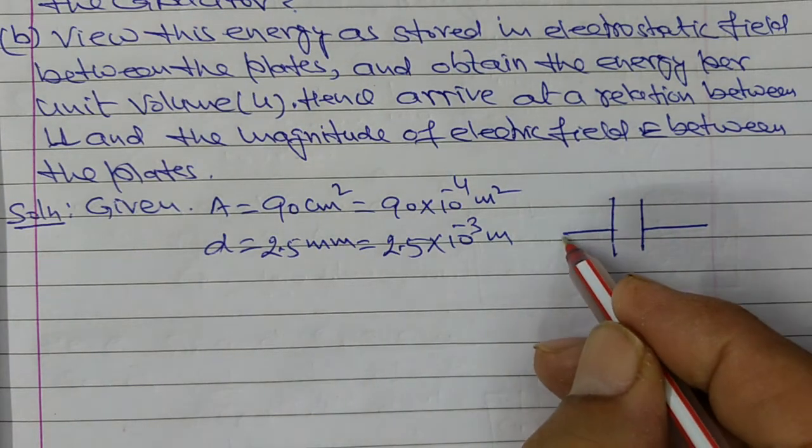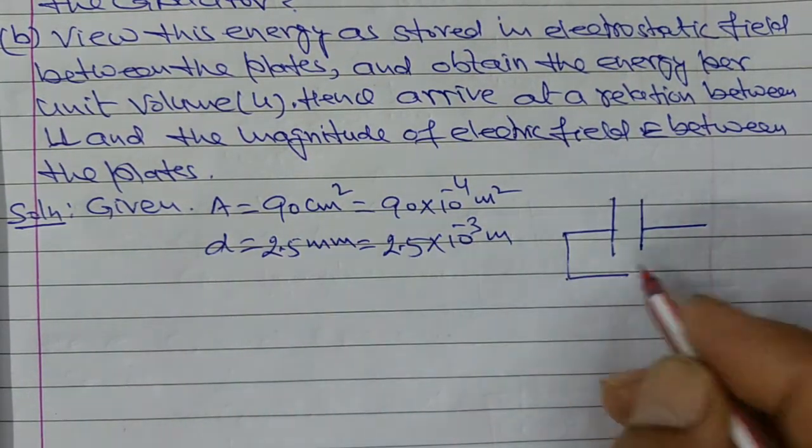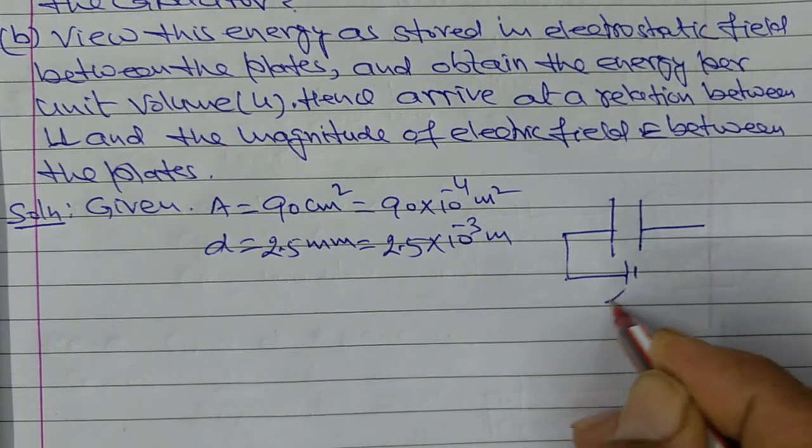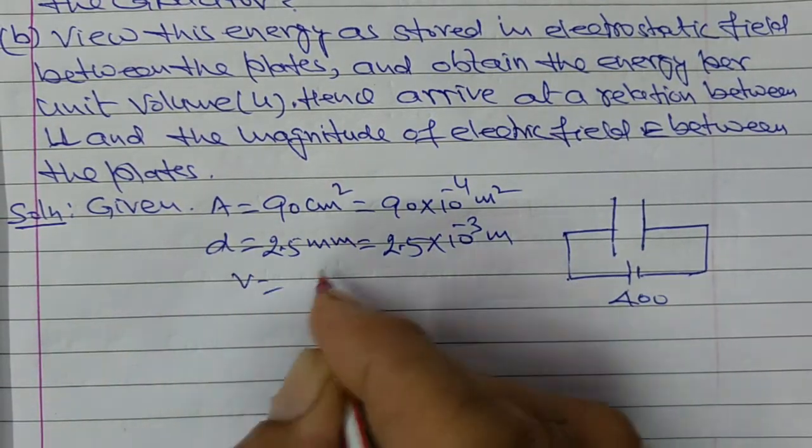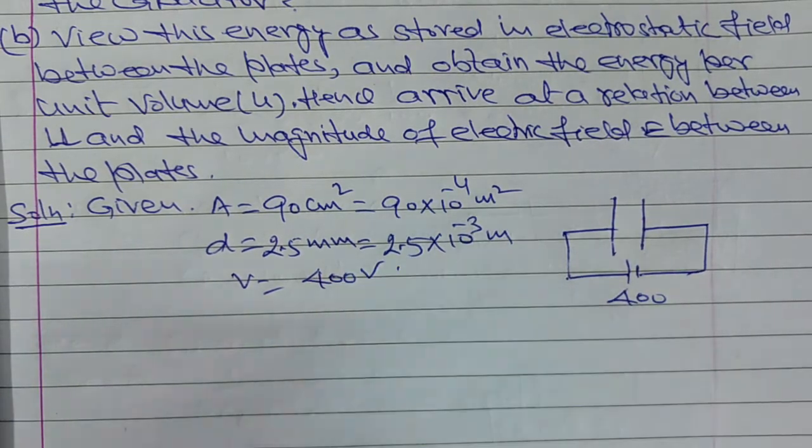The capacitor is charged by connecting a 400 volt supply. V is equal to 400 volt.